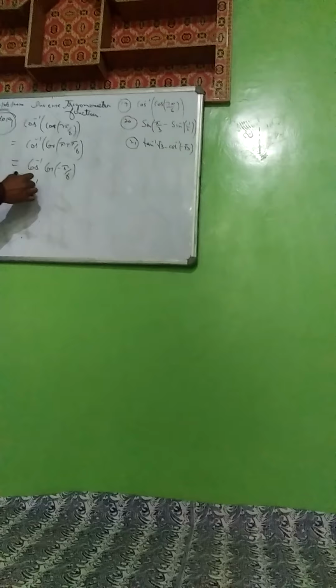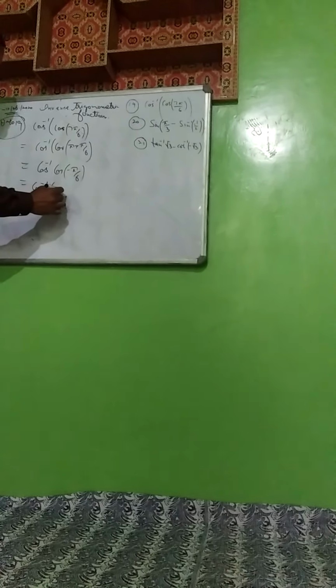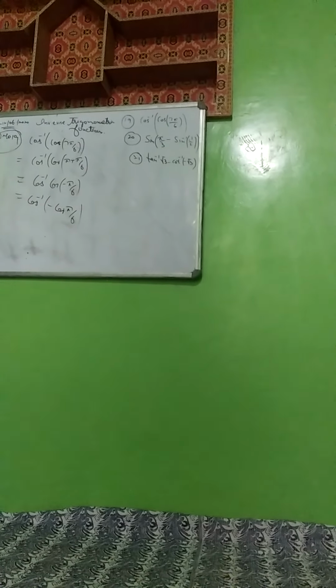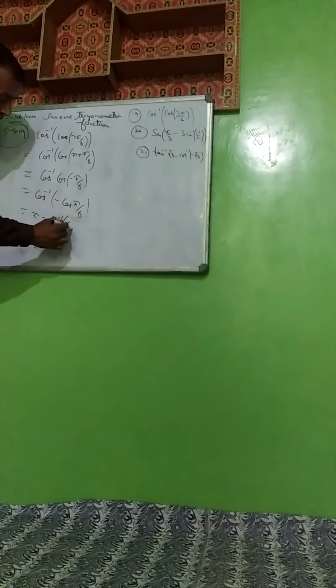Or you may get this as cos inverse of minus cos of pi by 6, which is directly equal to pi minus cos inverse cos of pi by 6.